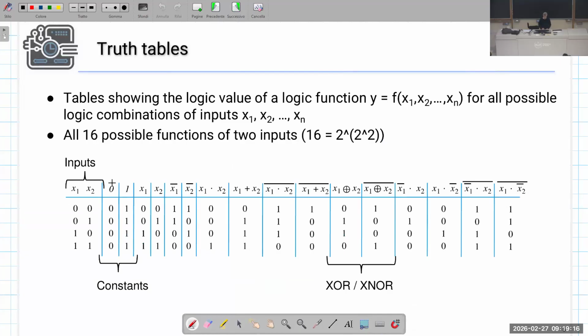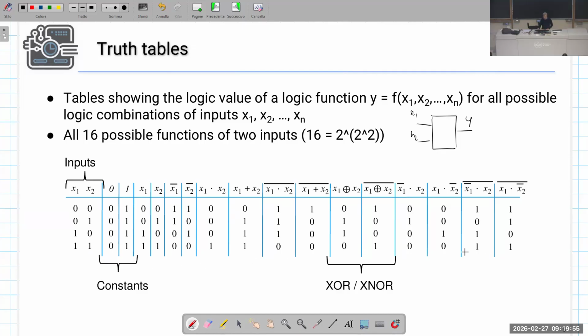Using this formalism, if we consider any possible combinational function with two inputs, x1, x2, and one output y, it can be shown that, considering all the possible ways to associate the values of the outputs to the combinations of the inputs, basically we have to set these four values for each specific input.